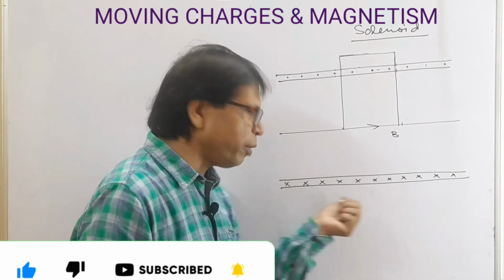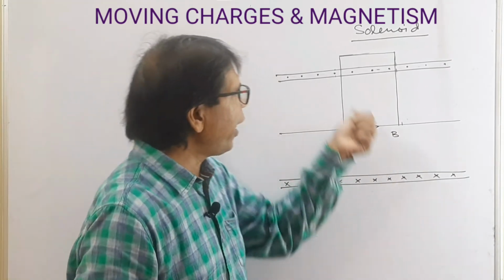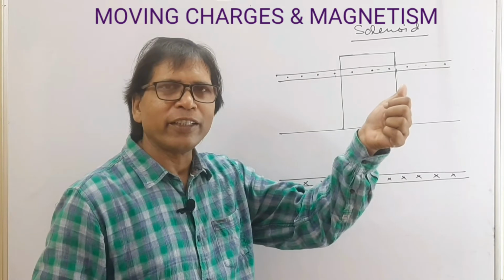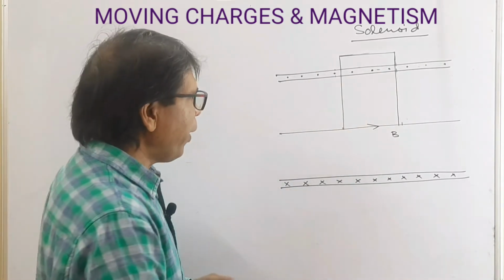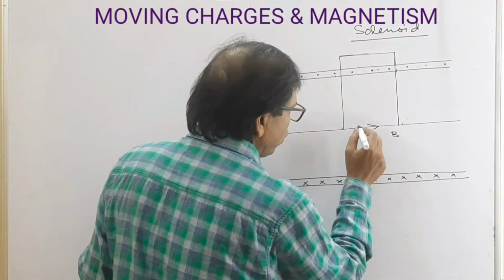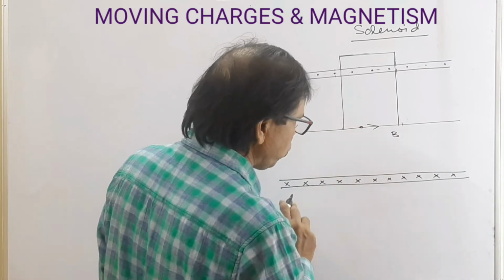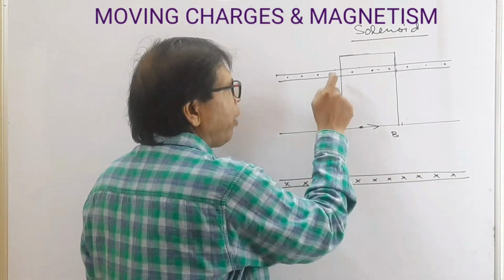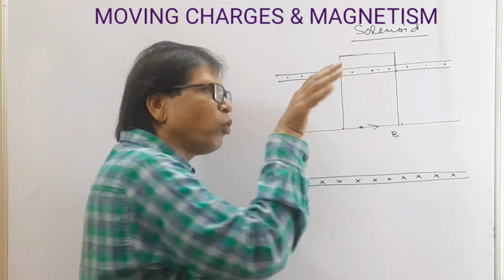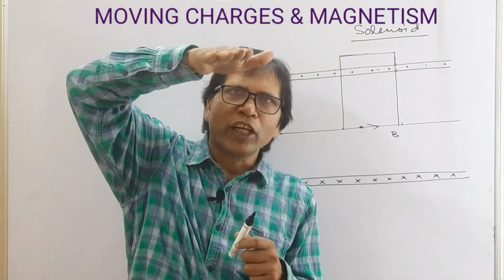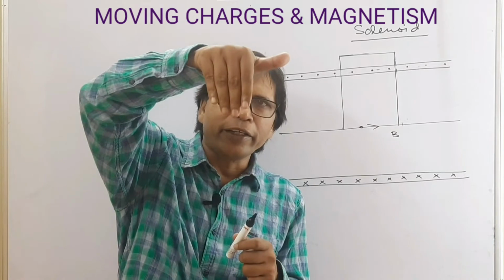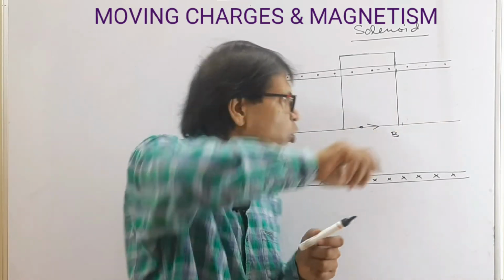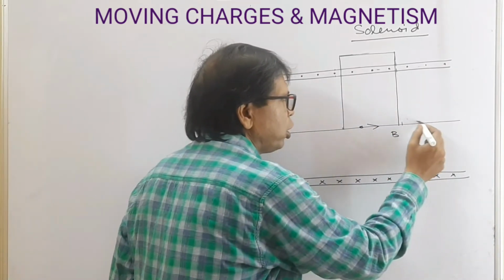The cross represents incoming current and the dot is the outgoing current. The magnetic field on the axis of the solenoid due to incoming current is directed along this direction, and the magnetic field due to outgoing current is also along the same direction.